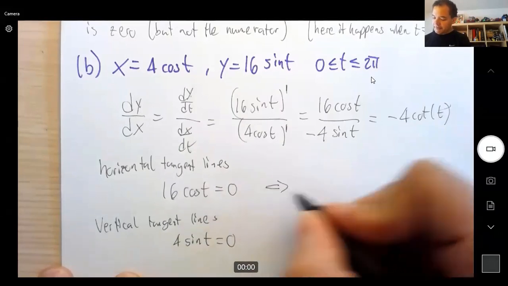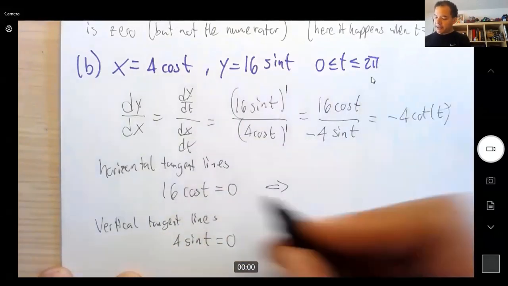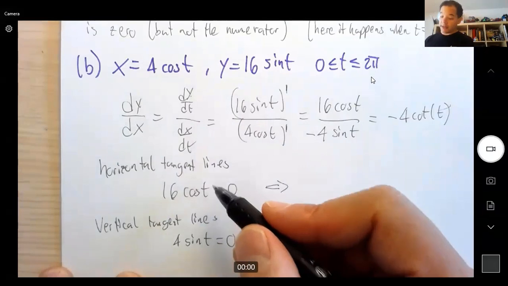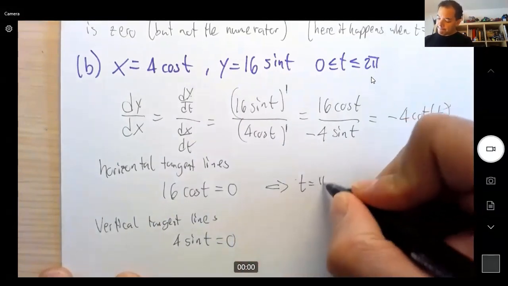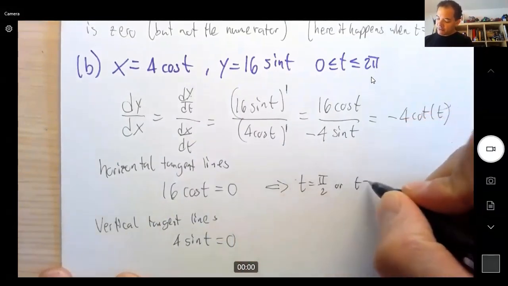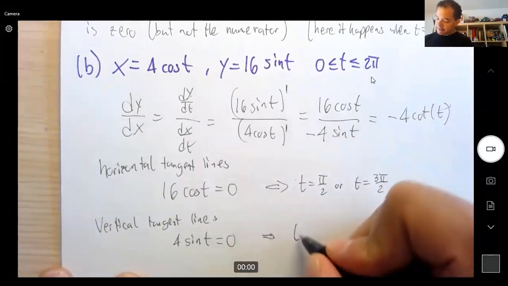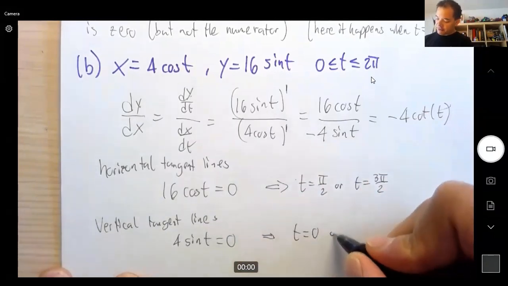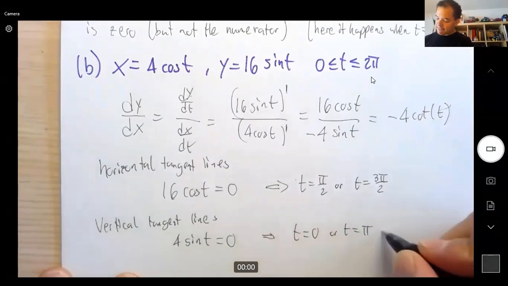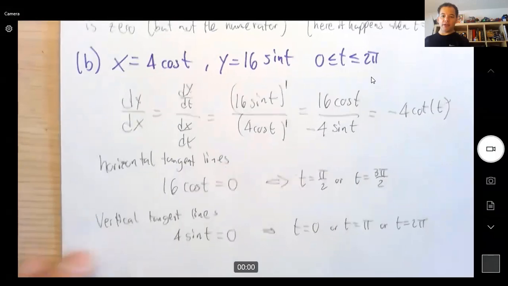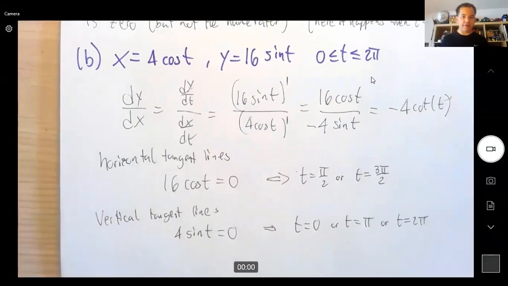So this happens between 0 and 2 pi. The cosine is 0 when t is pi over 2 or 3 pi over 2. And the sine is 0 when t is 0 or pi or 2 pi. Okay, so that's the answer to that one.